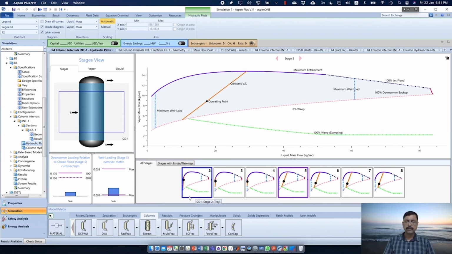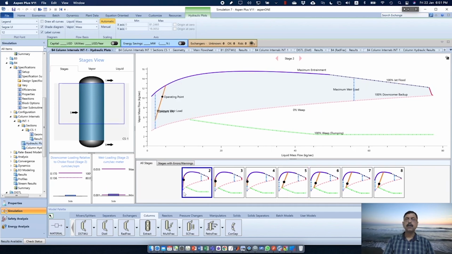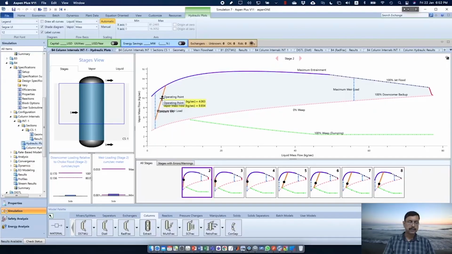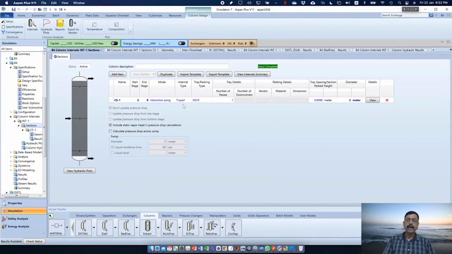So here we see starting from 2, 3, 4, earlier we saw a cross mark for the first 3 trays. Now the cross mark has gone because the operating point has come down from here to here. So like that, you can check the hydraulics and other matters. In this section, we assumed a tray column. Instead, we can use a packed column also.